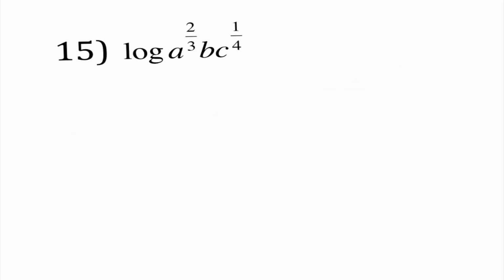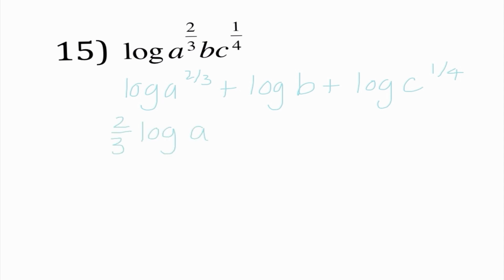Final problem of the lecture. First thing I'm doing is I am splitting up these logarithms. Since they're all multiplied together, I can go ahead and use addition. Then I know that I need to go ahead and move all my coefficients out in front. Or I should say move my exponents into coefficients.